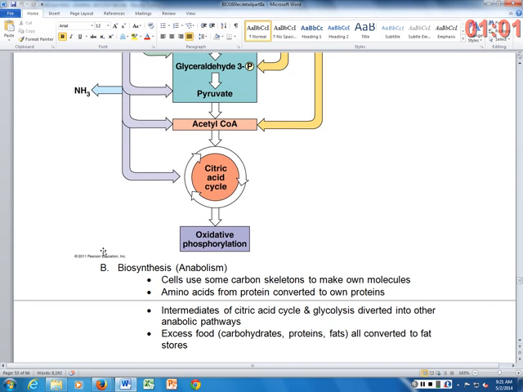So anabolism, biosynthesis. You can use some of the carbon skeletons. Some of the things around in here can actually be pulled off and be used to make other things in the cells if you need them. So that would take away from some of the energy you would get from something.